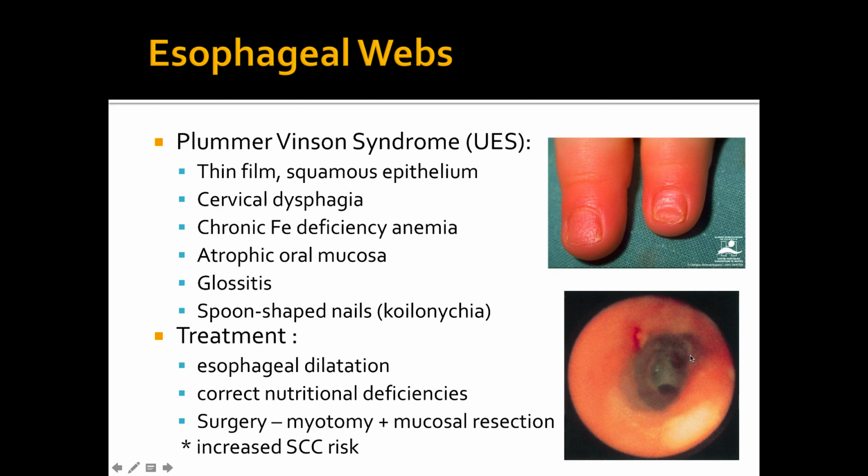So as far as dysphagia goes, just the diagnostic maneuver of doing an endoscopy will help their symptoms. As far as extraesophageal presentation, patients will have iron deficiency anemia, glossitis, and spoon-shaped nails, described as koilonychia. As far as surgery, we talk about it because patients have an increased risk of squamous cell cancer.